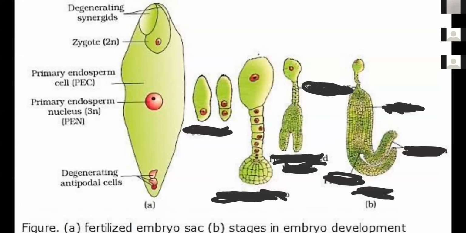Which cell will develop into an embryo? Zygote, correct. Is it haploid or diploid? Diploid, correct.